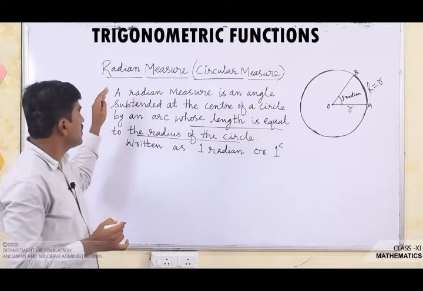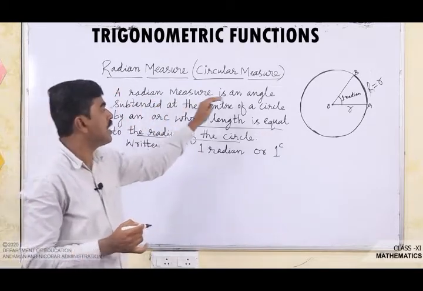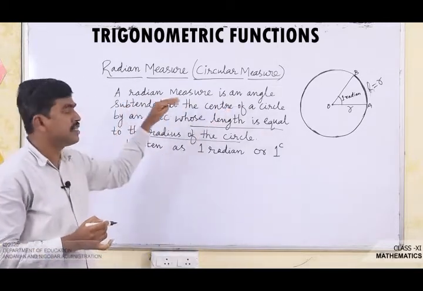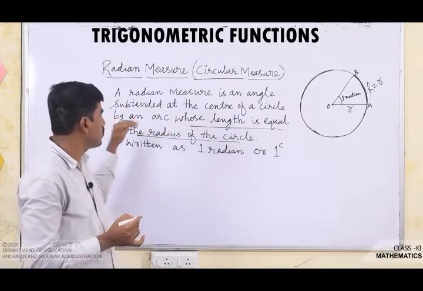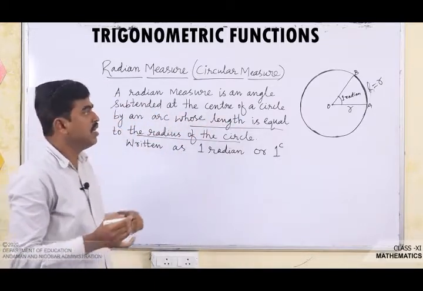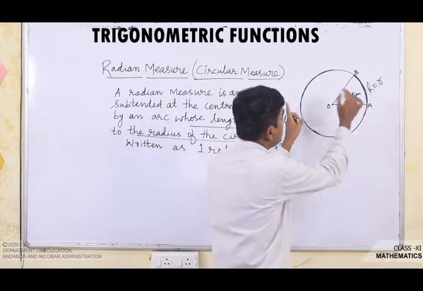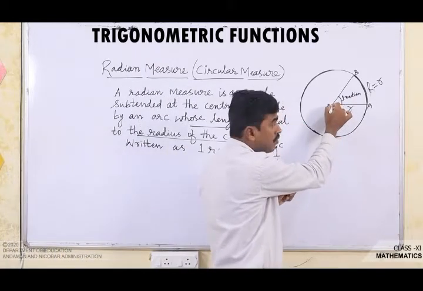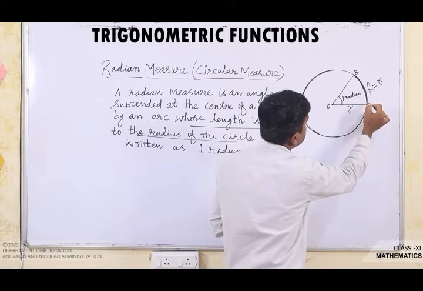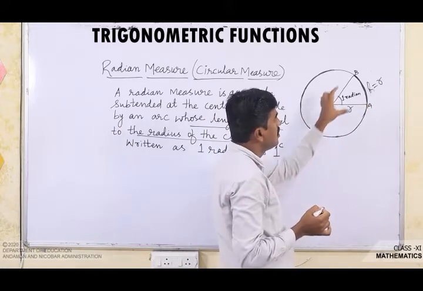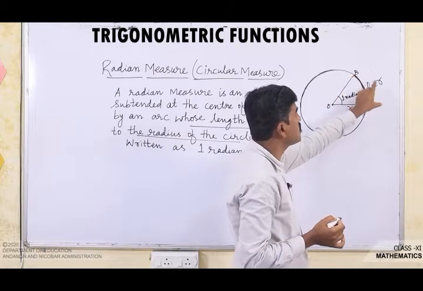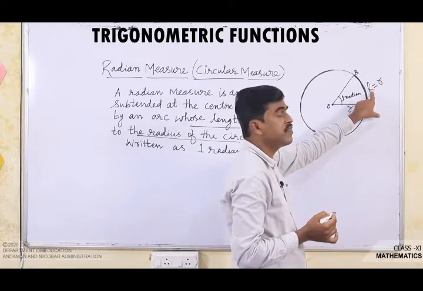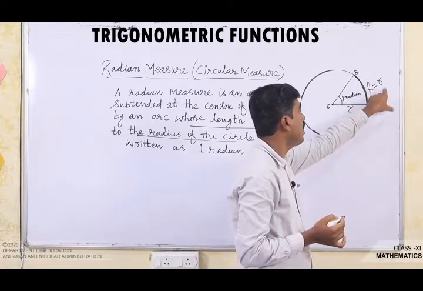So, what is radian measure? A radian measure is an angle subtended at the center of a circle by an arc whose length is equal to the radius of the circle. Suppose here it is a circle with the center at O and radius r. Now, the length of the arc AB is taken as equal to r. That means the length of the arc l is equal to r.